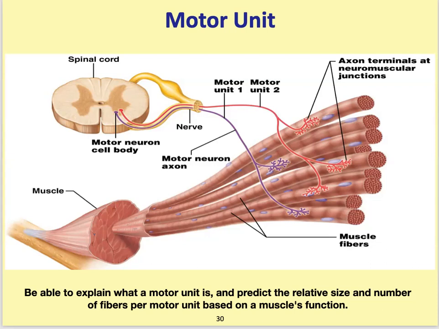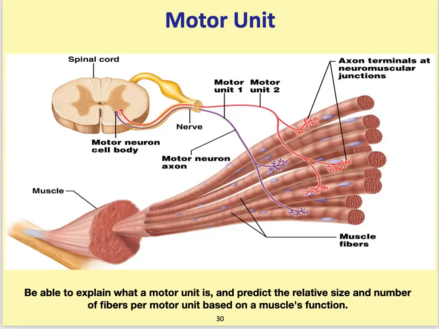So each muscle is served by at least one motor nerve, not to be confused with an axon, right? Because each motor nerve contains axons of up to hundreds of motor neurons. Okay, so that means we can have hundreds of neuronal axons coming to innervate this muscle.